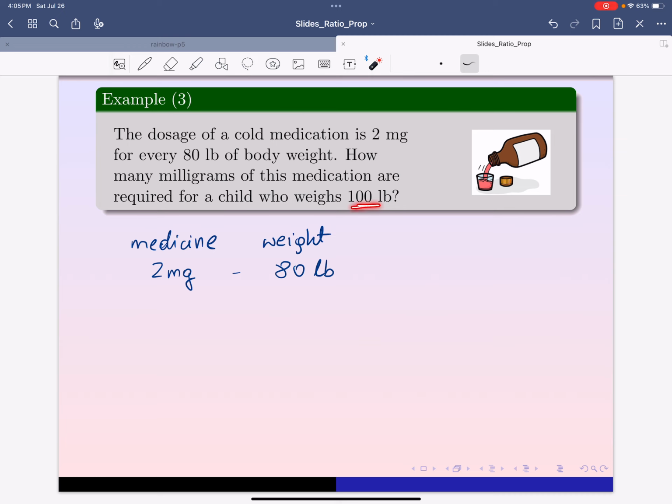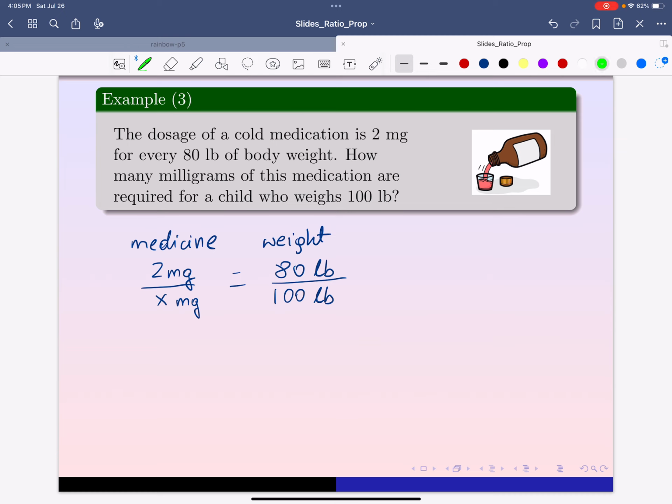In that case, we need to line it up, pounds under the weight. We put 100 pounds right here. And we don't know how many milligrams of medication, so it would be x milligrams. If I set it up with an equal sign, I have a proportion.